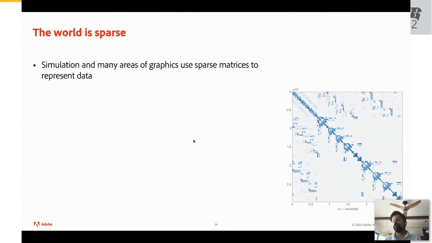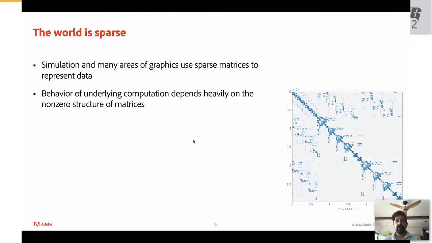So in order to represent that and to compute on the world, we often use sparse matrices. And here's an example of a sparse matrix that I believe represents part of a simulation that happens on a surface of a wing. The behavior of the underlying computation depends really on the structure of this matrix.